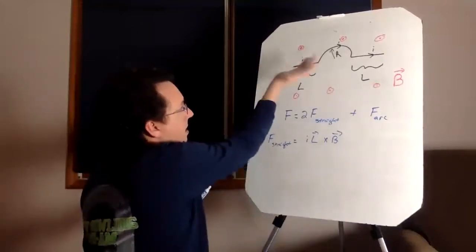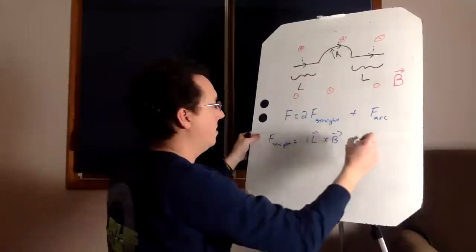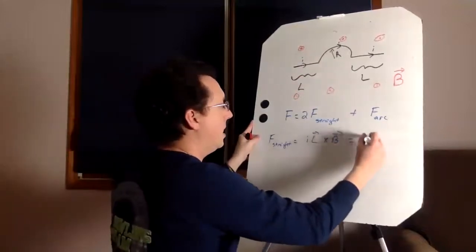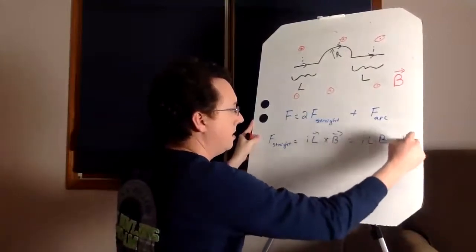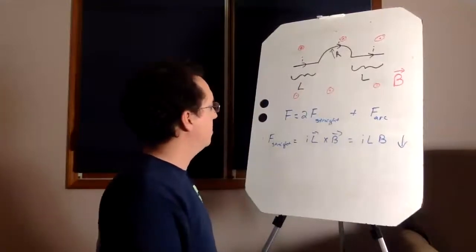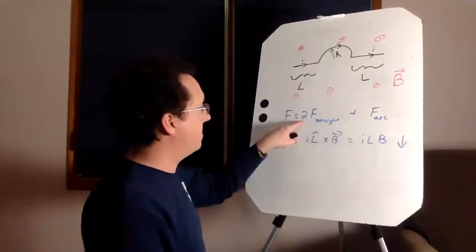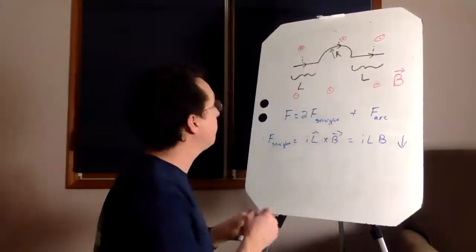I cross B, B's into your eye. The force is going to be straight down. So this will be I, L, B down. Okay. So that's what we get for that. And then we just have to double it for each segment. So that part's taken care of.